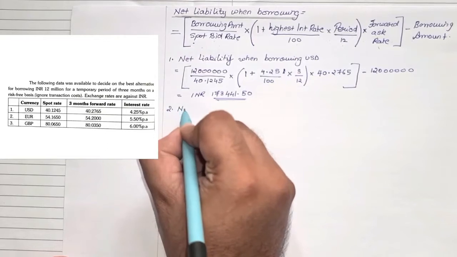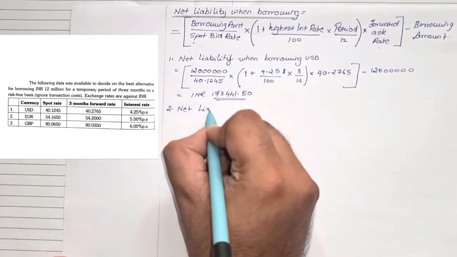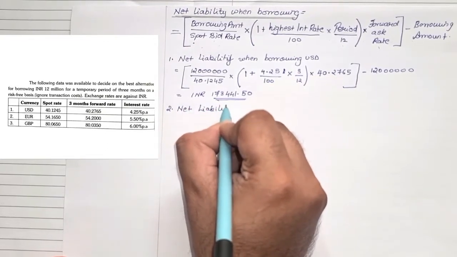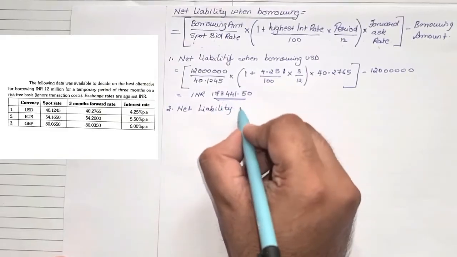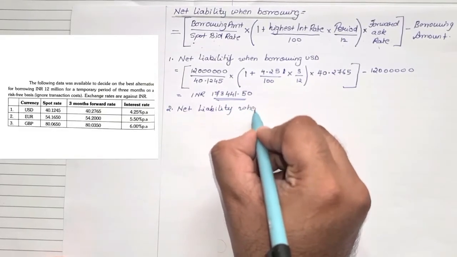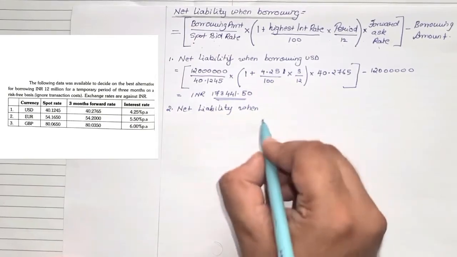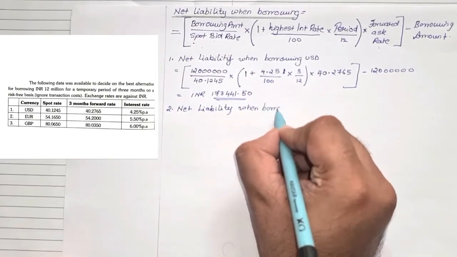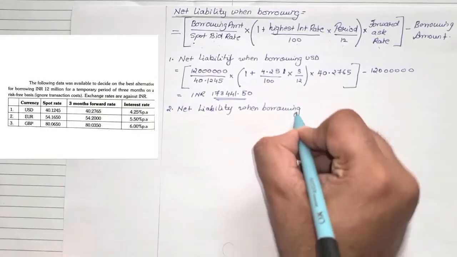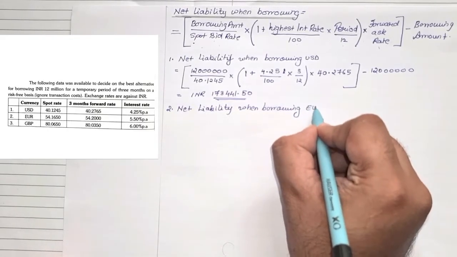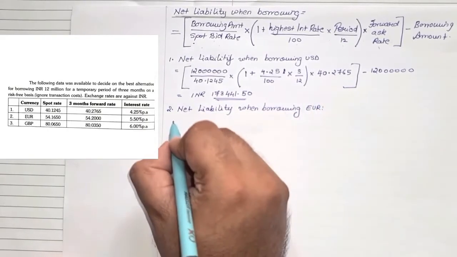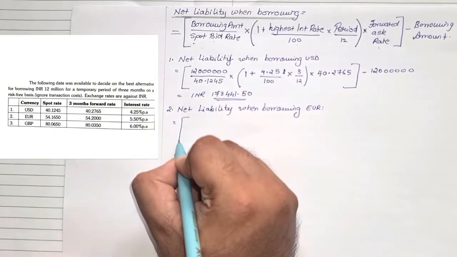Similarly, now we'll have to find the net liability from the second currency. In the second currency, they are giving you euro. So when borrowing euro, again the formula remains the same.